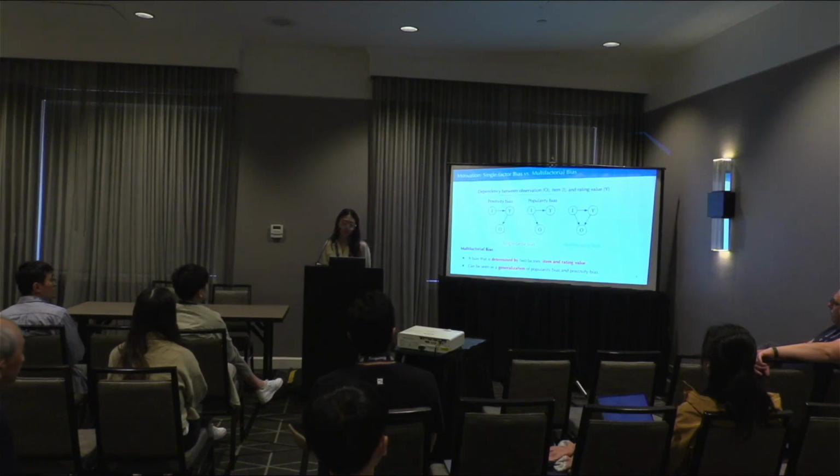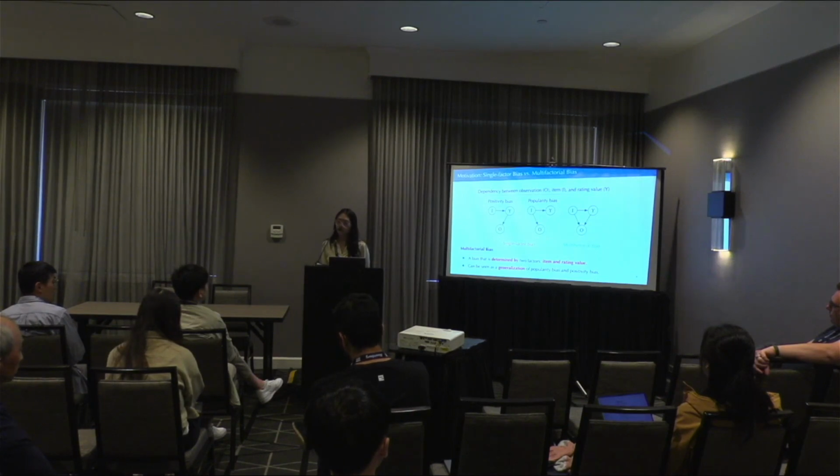So with the bias estimation, we can use the IPS-based methods to correct for bias. The widely studied positivity bias and popularity bias actually are single-factor bias. That means the observation only depends on one factor, which could be the rating value for positivity bias and the item for popularity bias.